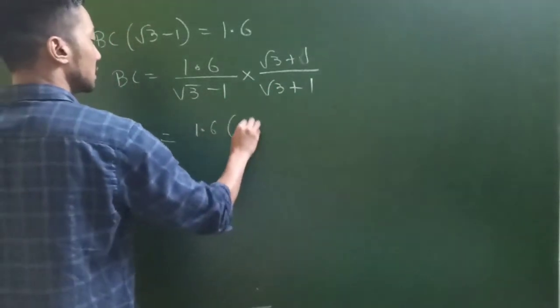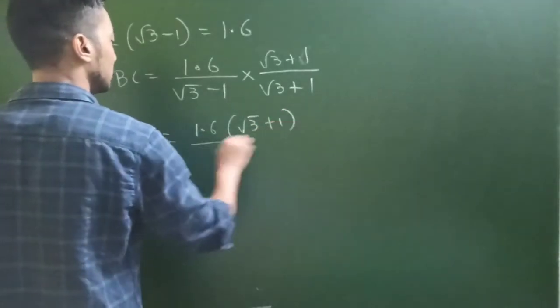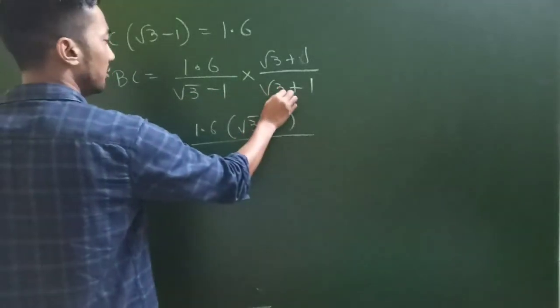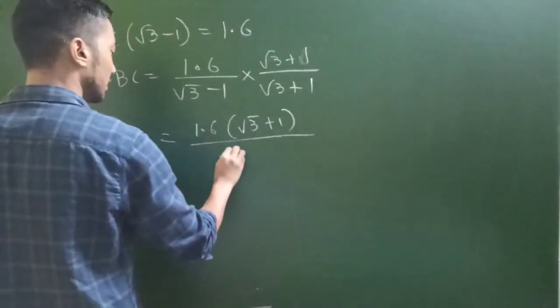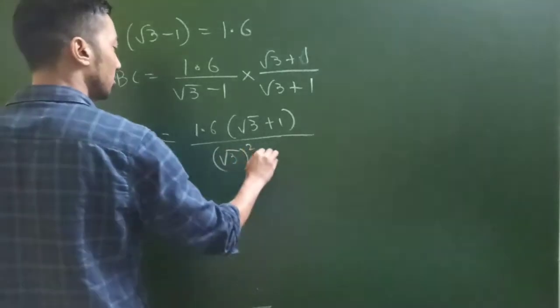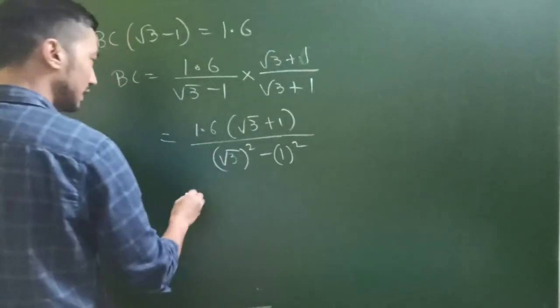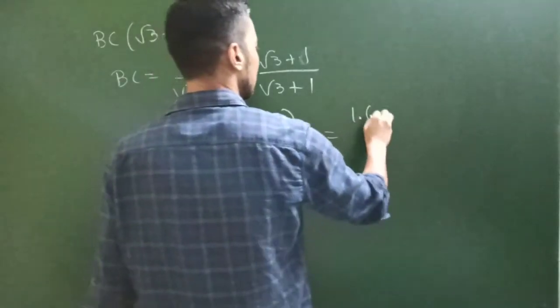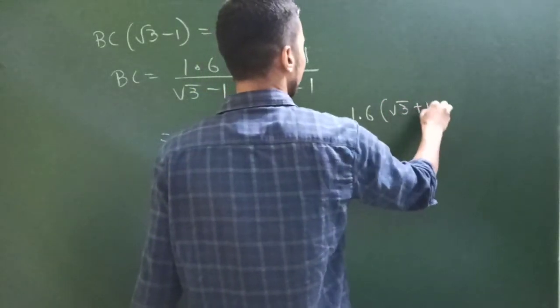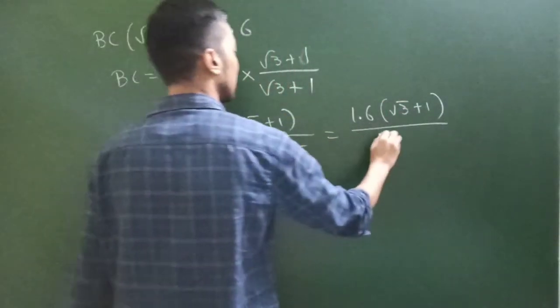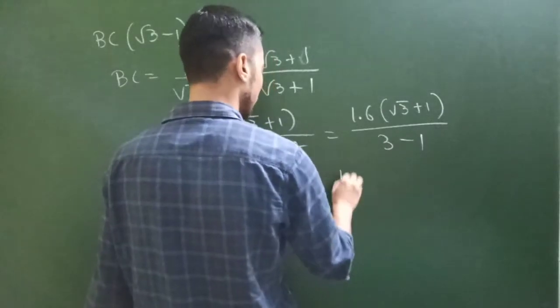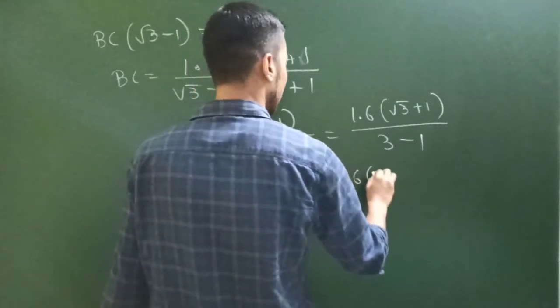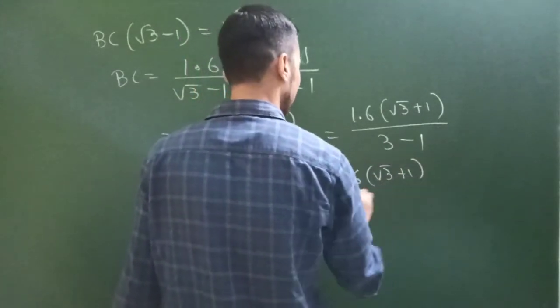So 1.6 root 3 plus 1, a plus b into a minus b. We are very familiar with this formula now, those who have been studying regularly and sincerely. So 1.6 root of 3 plus 1 divided by root 3 squared, that's 3, minus 1, so divided by 2.